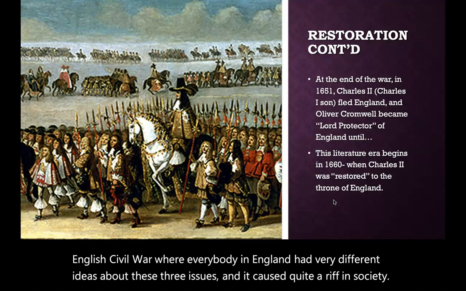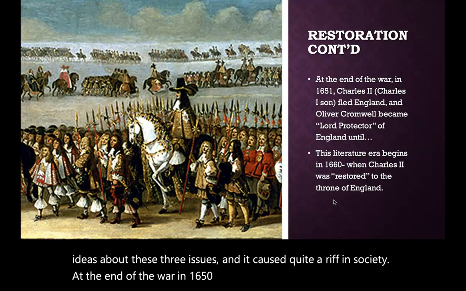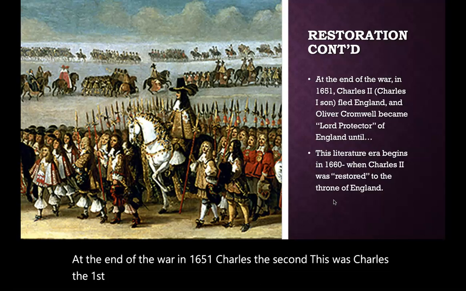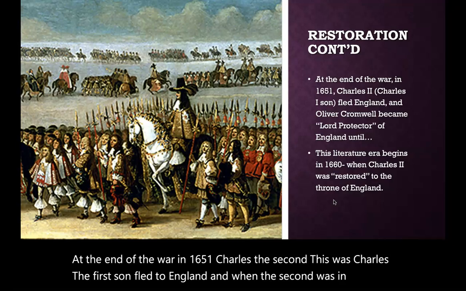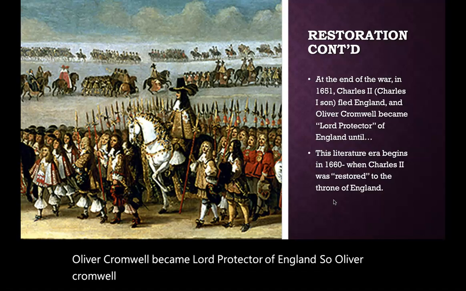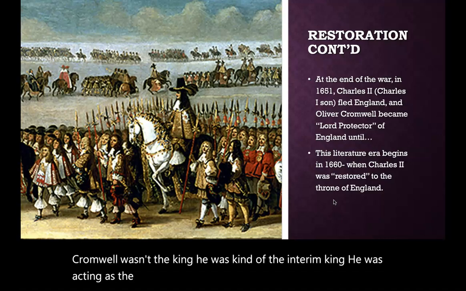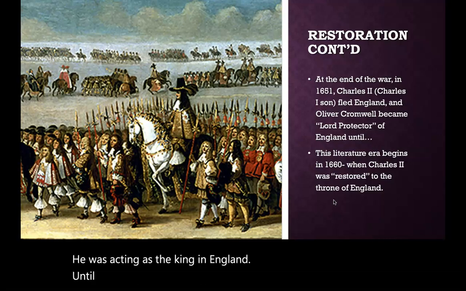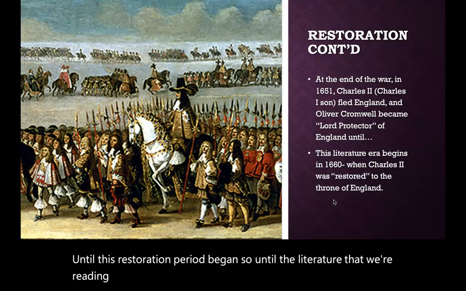At the end of the war in 1651, Charles II, Charles I's son, fled England. And when Charles II was in hiding, Oliver Cromwell became Lord Protector of England. Oliver Cromwell wasn't the king, he was kind of the interim king. He was acting as the king in England until this restoration period began, until the literature that we're reading began in 1660.